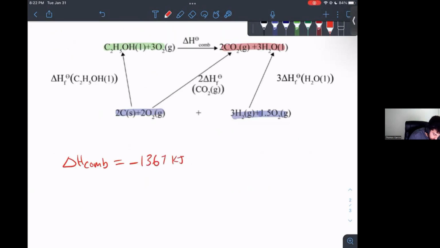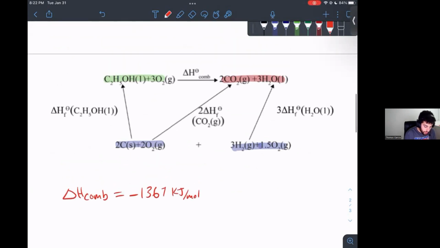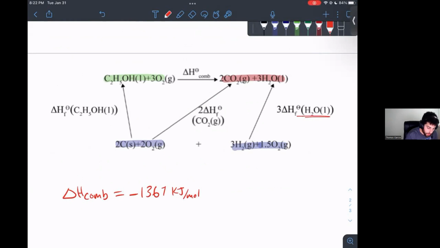1,367 kilojoules per mole. Furthermore, we have some values here. We have our delta H of formation of water and our delta H of formation of carbon dioxide. These are well-known values that we can look up in a data book or online.